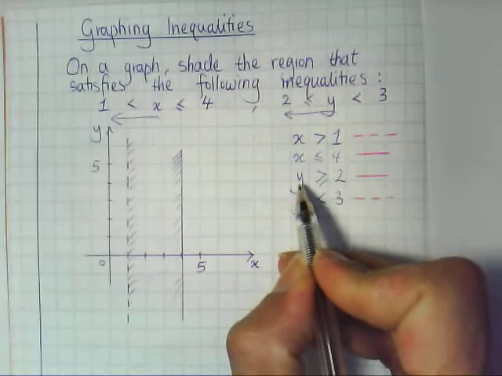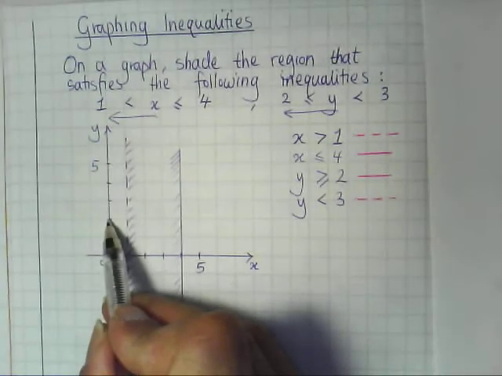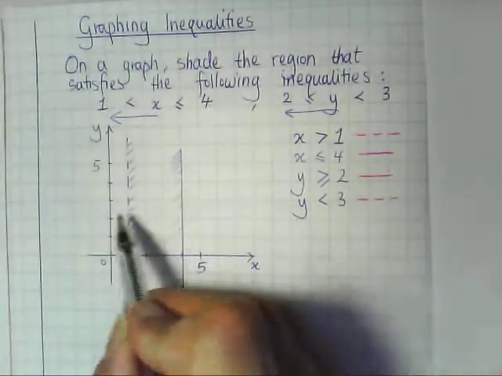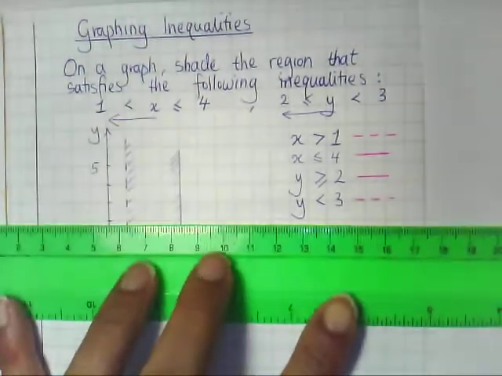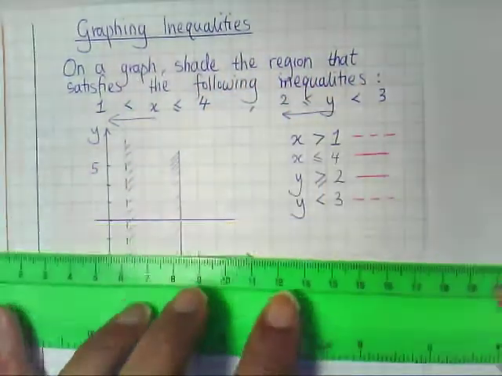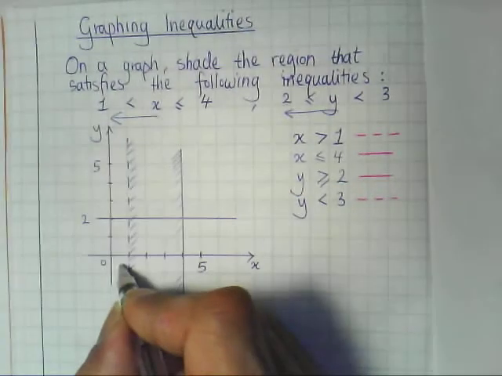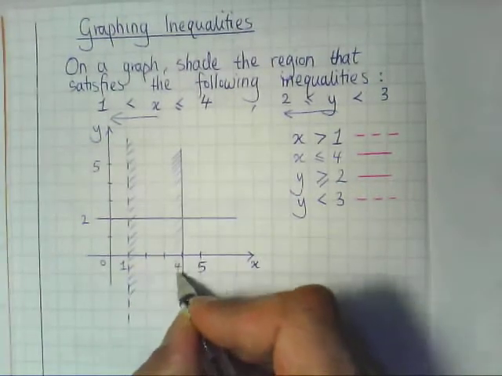For our y values, we're looking at when y is equal to 2, and also equal to 2, so solid line. So that means we draw it like this, at the point 2 there, 1, 4 there.